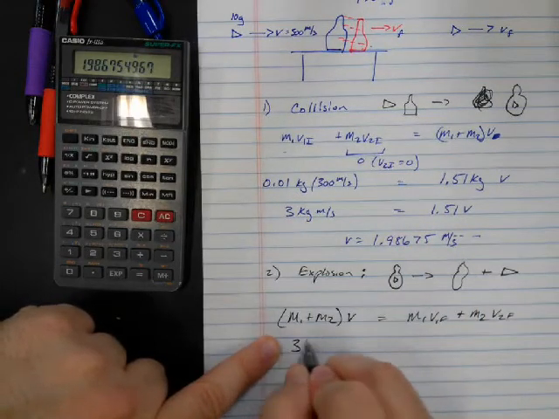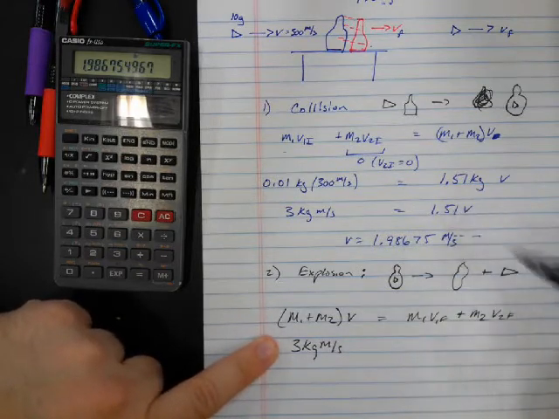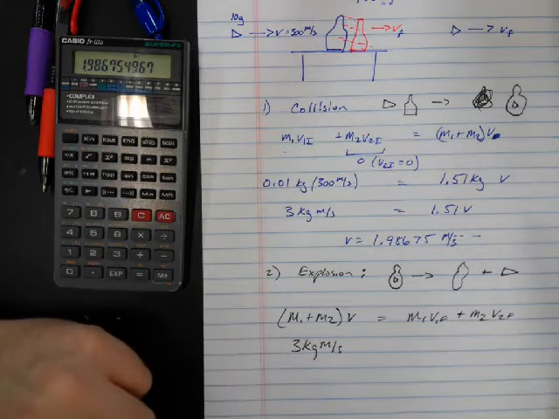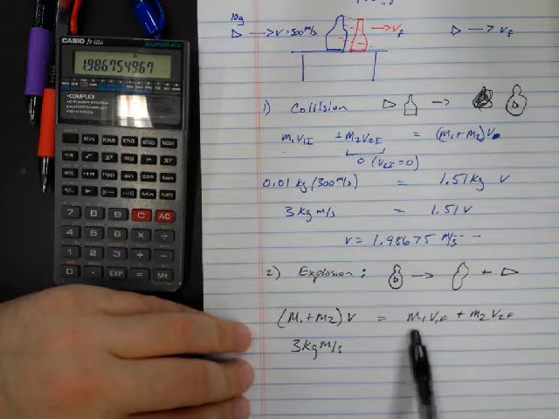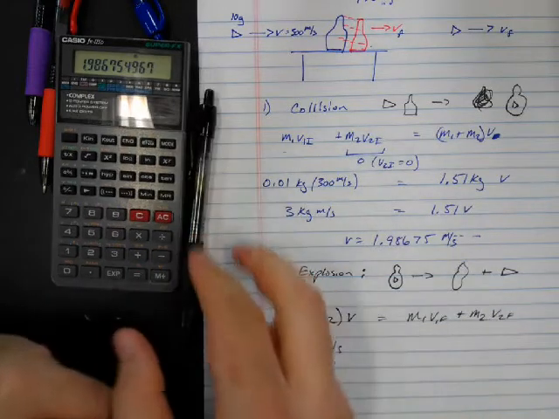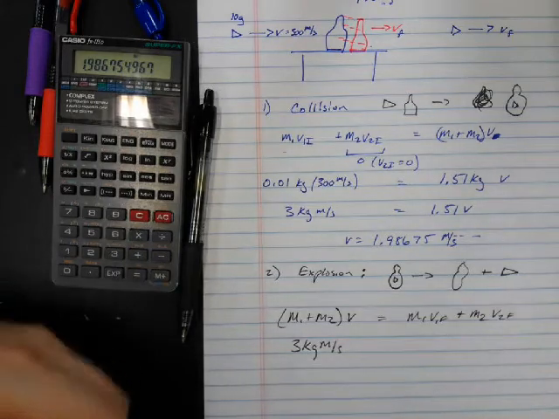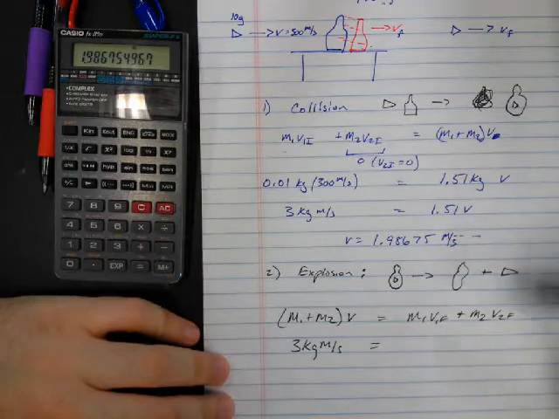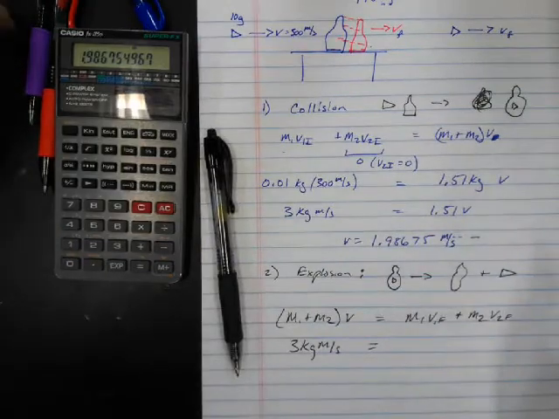It's 3 kilogram meters per second. It's this number times that number. But we don't know everything over here. And that's our problem. You need to notice when you get stuck, and here we're missing too much information.